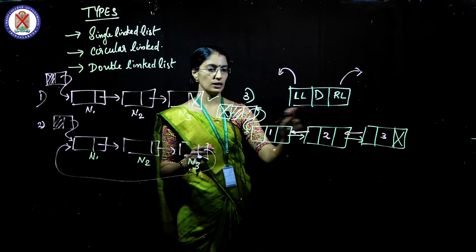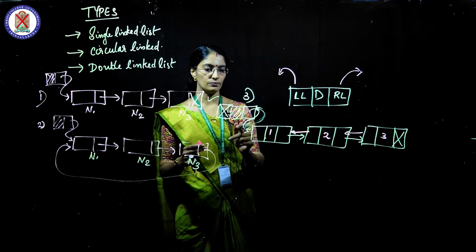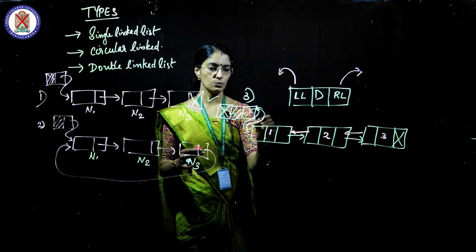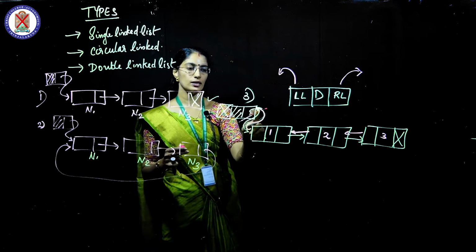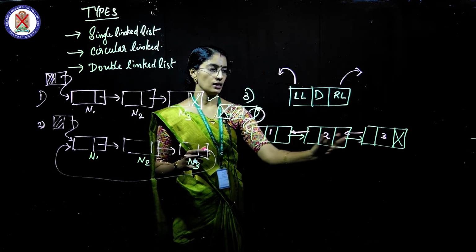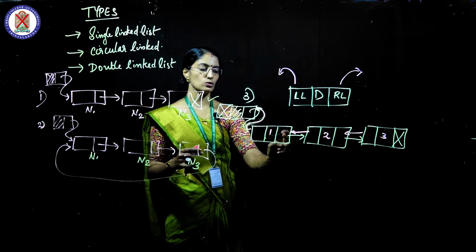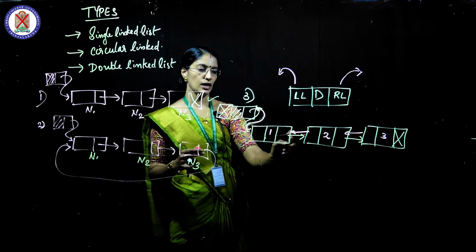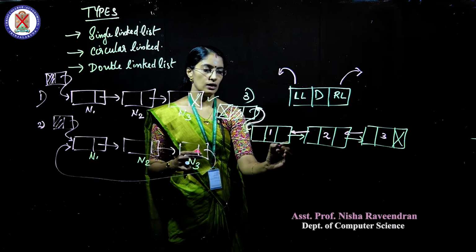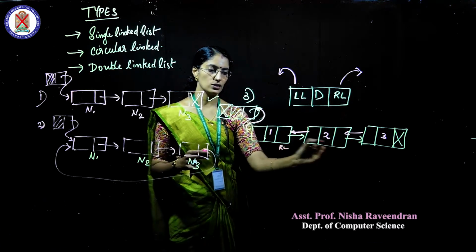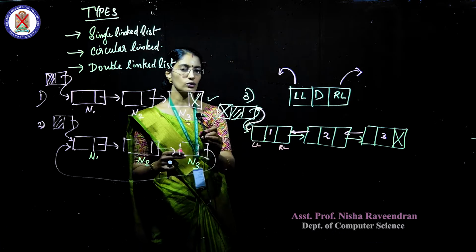This is clear from the figure. The header node is pointing to the first node, and the first node's left link is pointing to the header node. Pink color is used to denote the previous node and green color is used to denote the next node. So, right link for the next node, left link for the previous node.